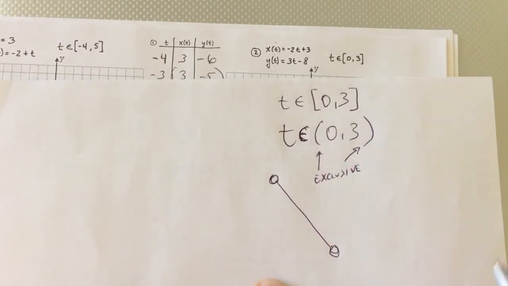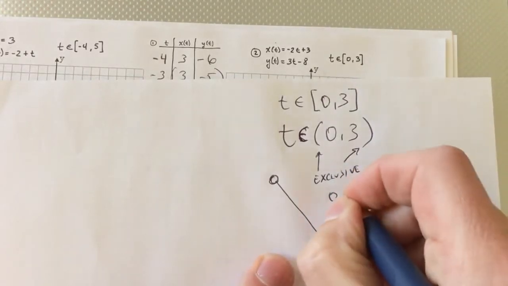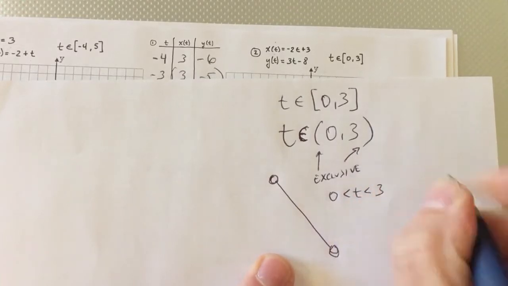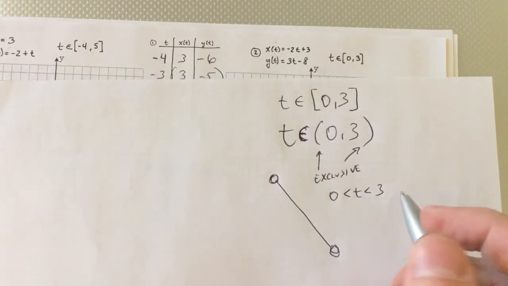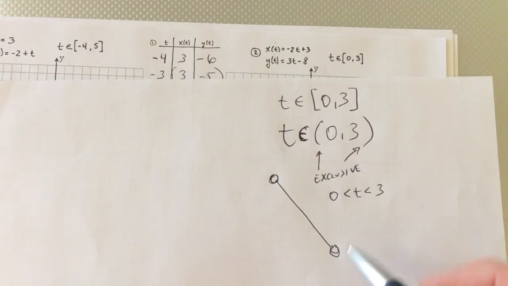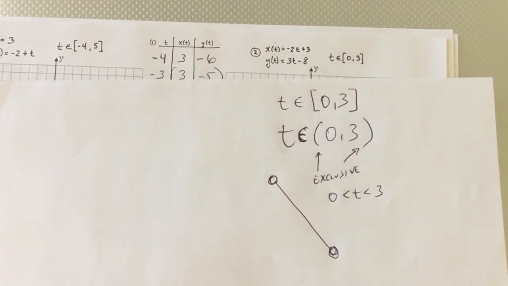So it's exclusive. This is like 0 is less than T is less than 3. Does not include the endpoints. So we would use an open dot to give us an endpoint. When I throw that at you, think about that.